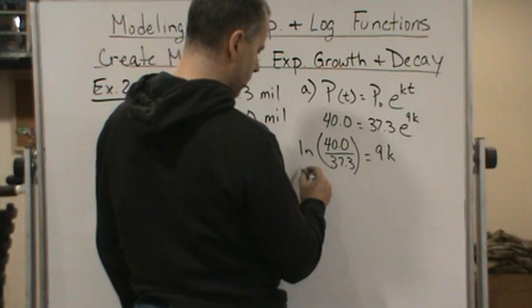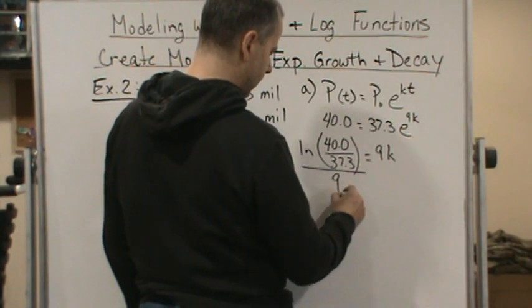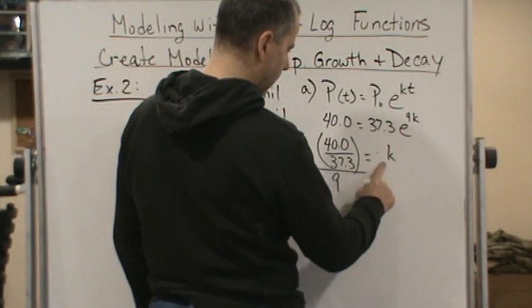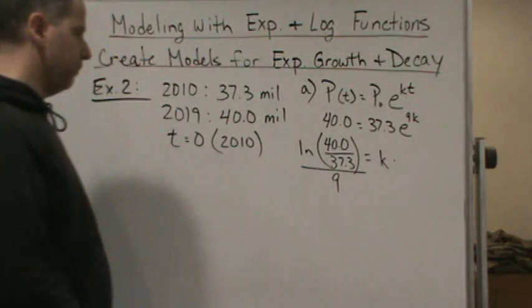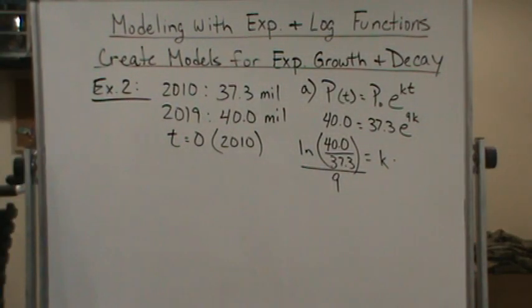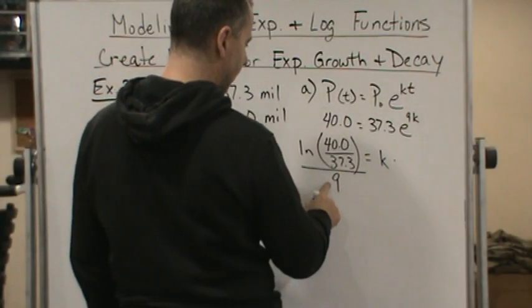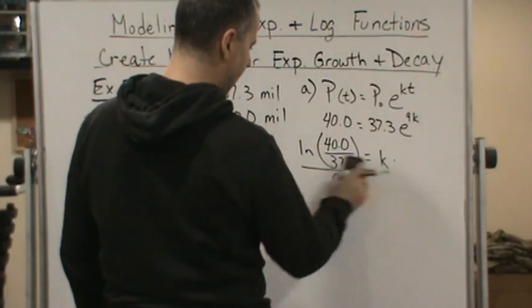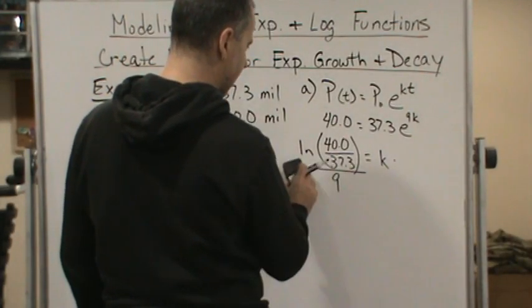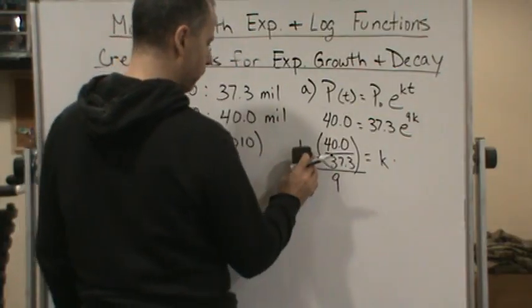And then all we have to do is divide both sides by 9, and we get our k value. Now we can stick this in for k. Now we can get the exact answer, right?